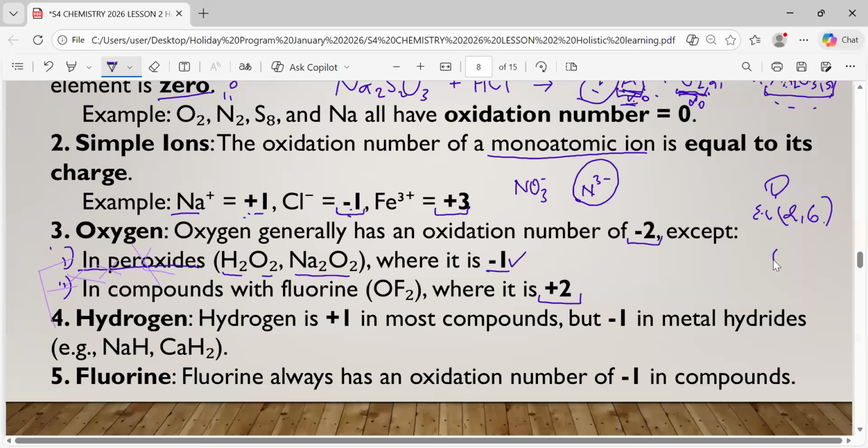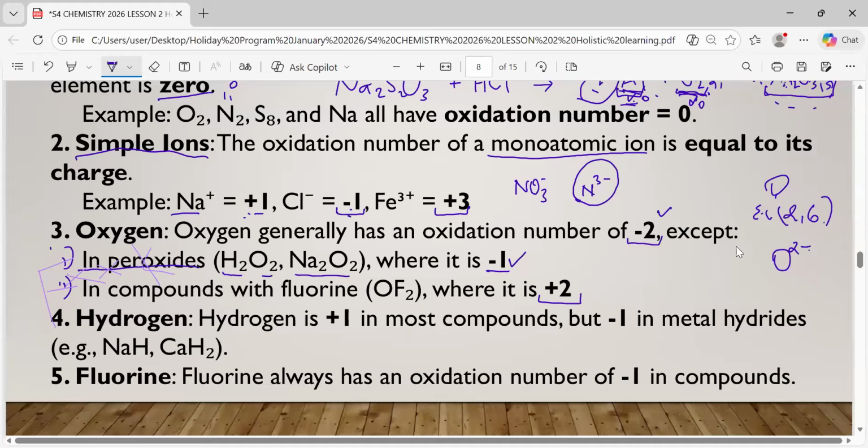So the ion of oxygen becomes O to the power -2. And from number 2, simple ions have oxidation numbers equal to their charges. So the oxidation number of oxygen here is -2.